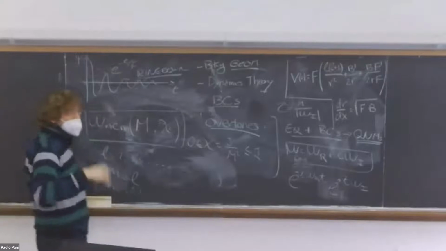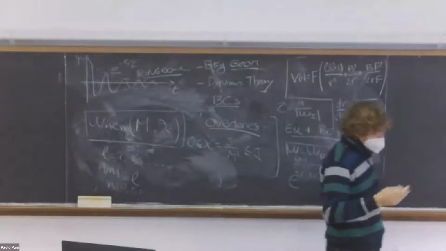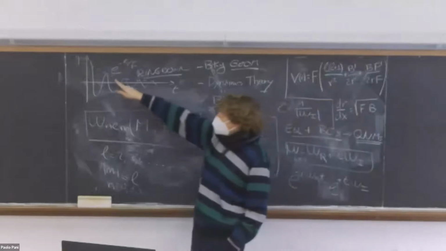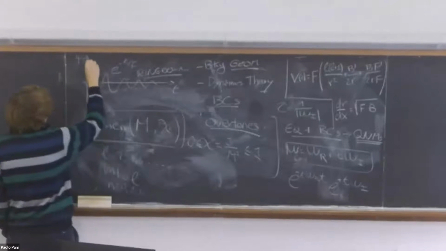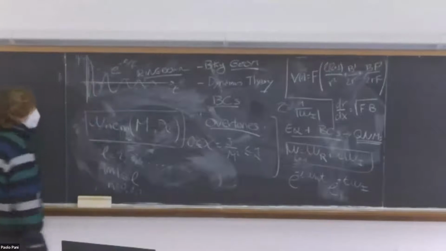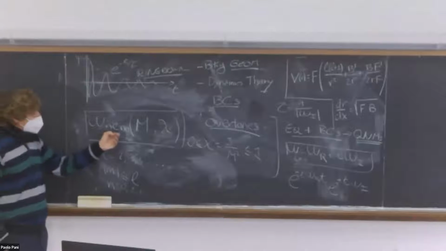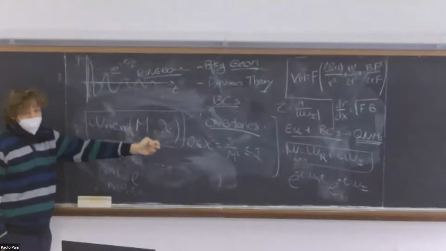So there is an infinite set of quasi-normal modes. Of course, some are more important than others because only those that live longer will be detectable. Those that live very shortly will just die off much more quickly. But the entire quasi-normal spectrum for a Kerr black hole depends only on two parameters, mass and spin.